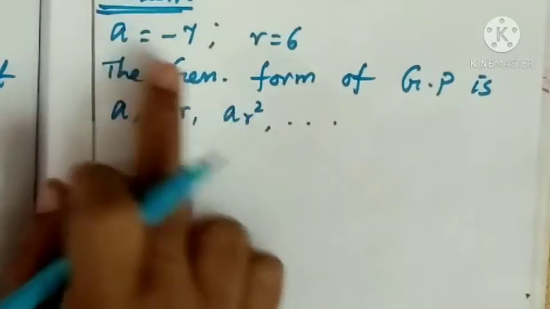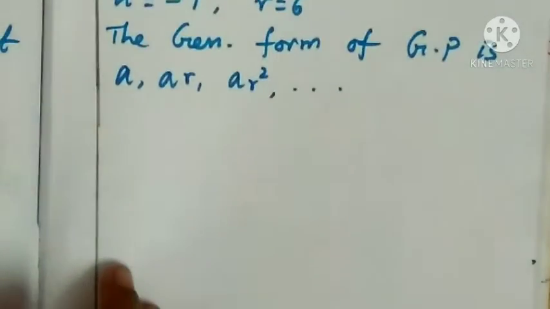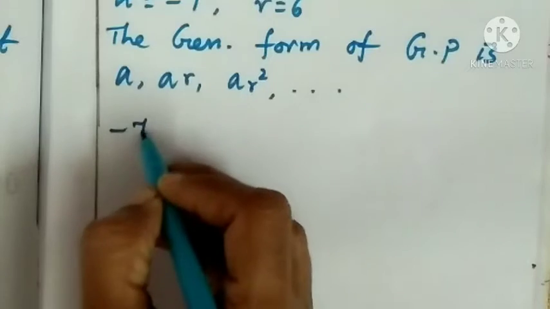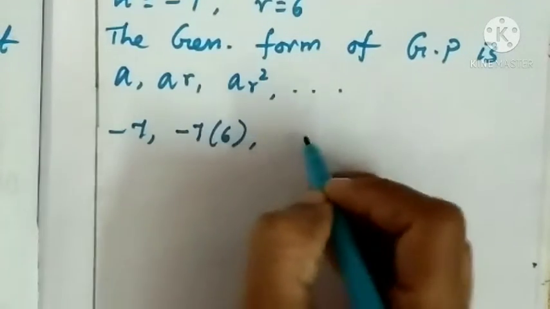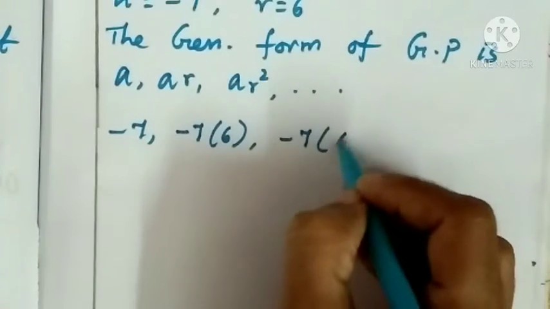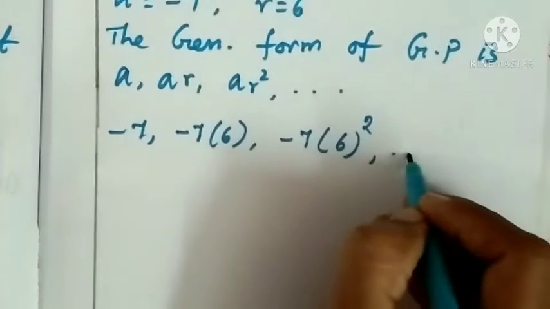Now you have to apply the given a and r value, that is -7, -7 into 6, -7 into 6 the whole square.